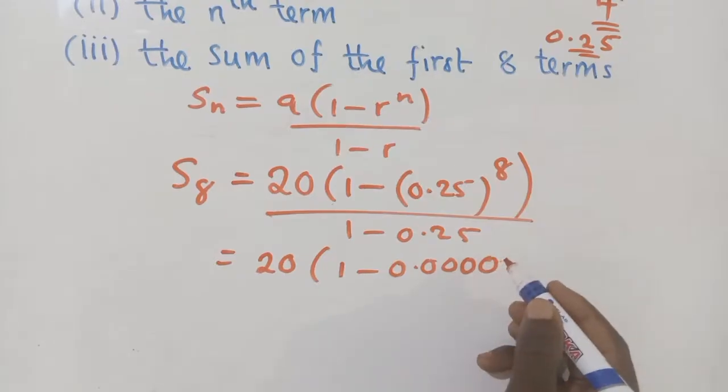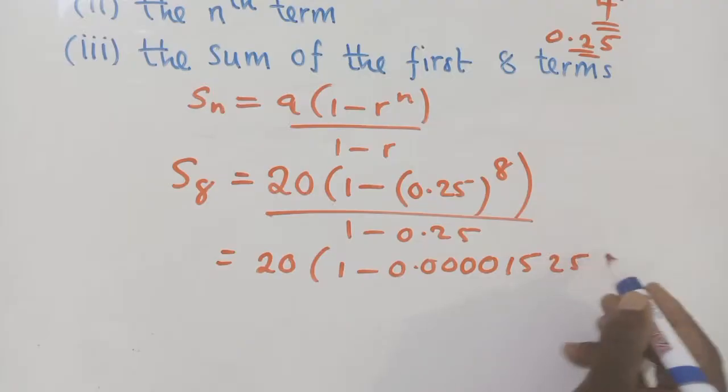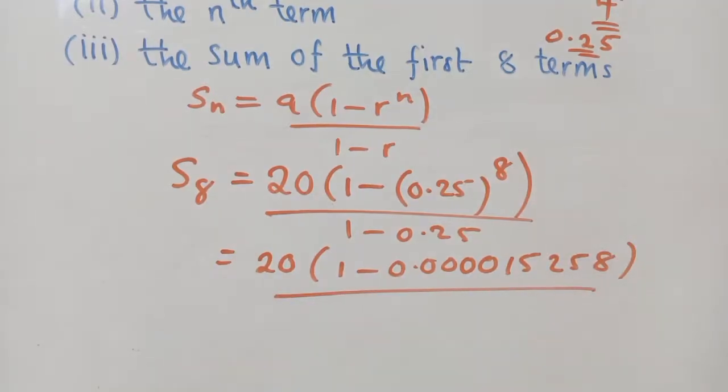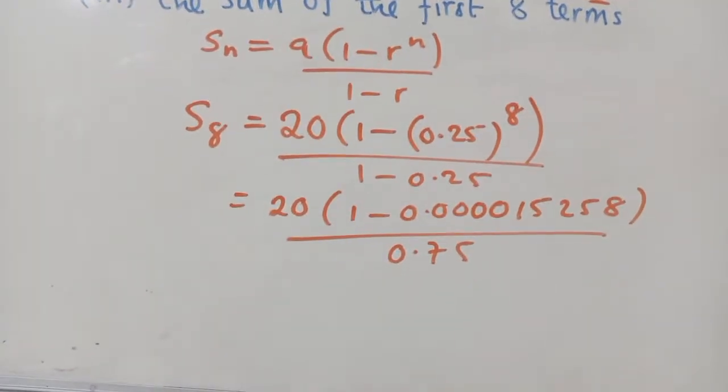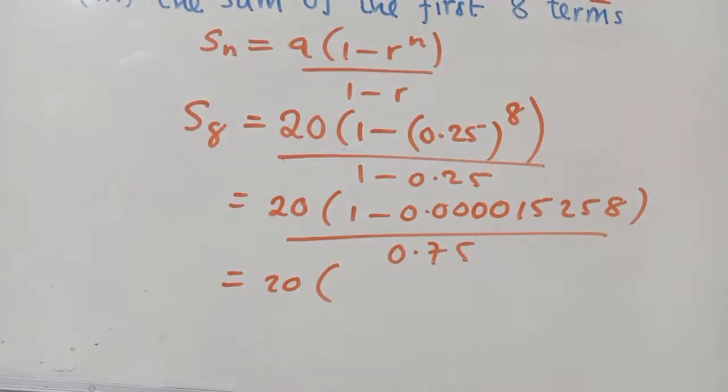So power 8 will give you something like 0.0000, how many zeros? 4 here, 15258, over, when you say 1 minus 0.25, it's giving you 0.75. So at this point, you can work out things when you subtract 1 minus 0.00015258.